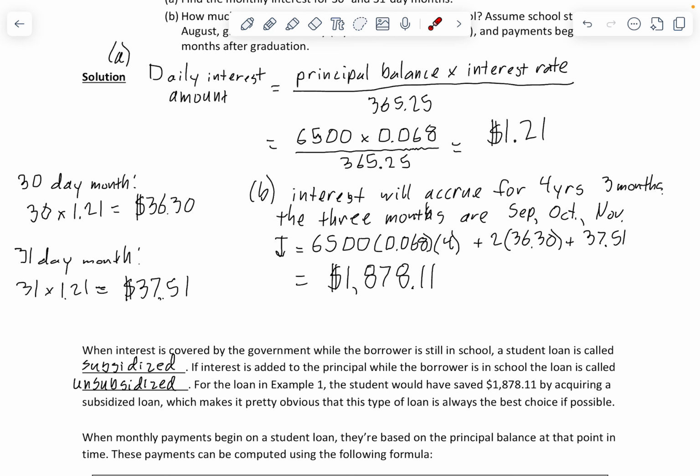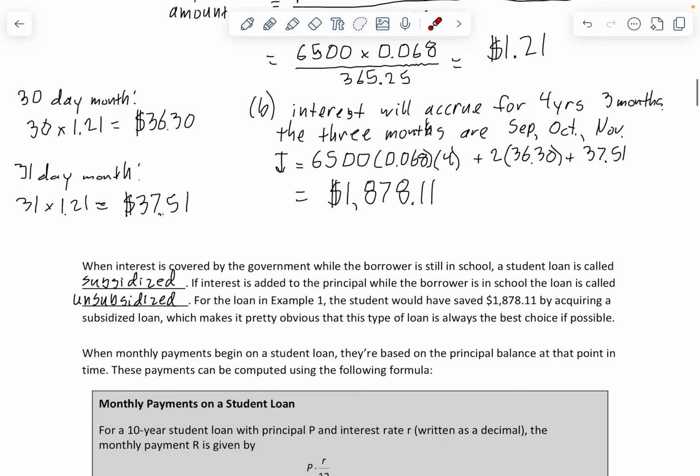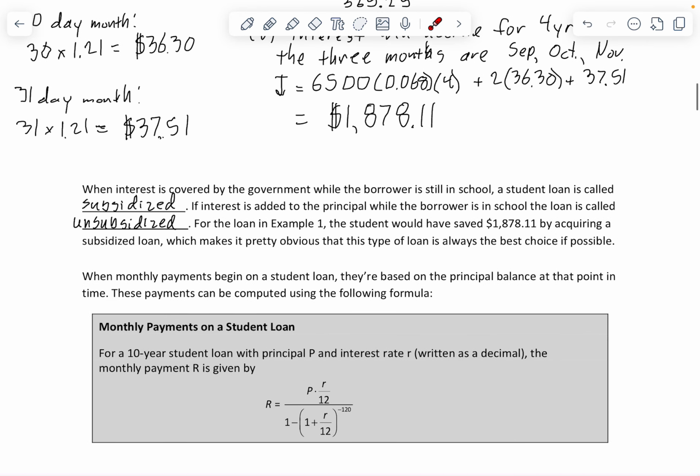When monthly payments begin on a student loan, they're based on the principal balance at that point in time. These payments can be computed using the following formula. For a 10-year student loan with principal P and interest rate R, written as a decimal, the monthly payment is given by this formula.